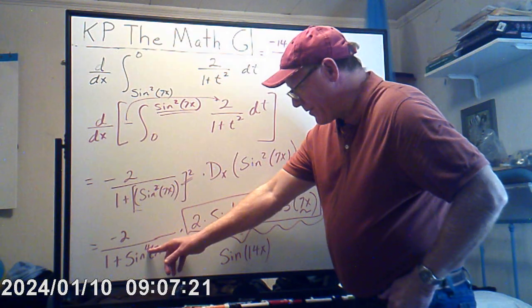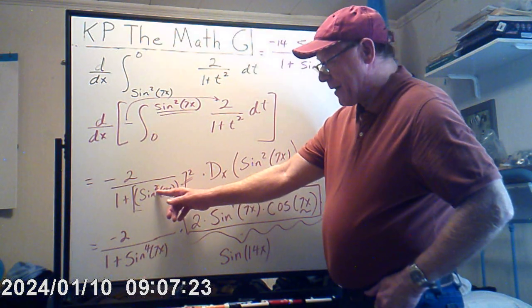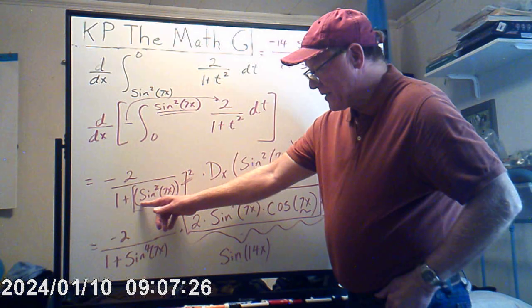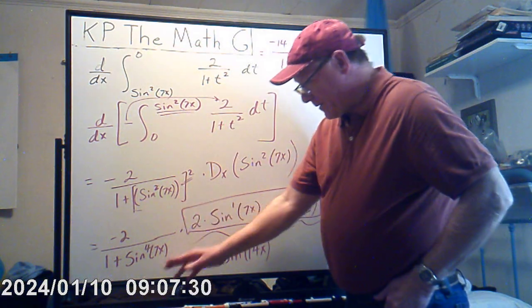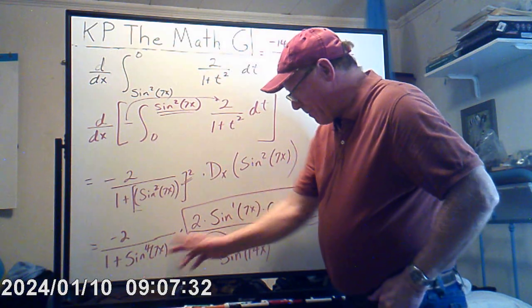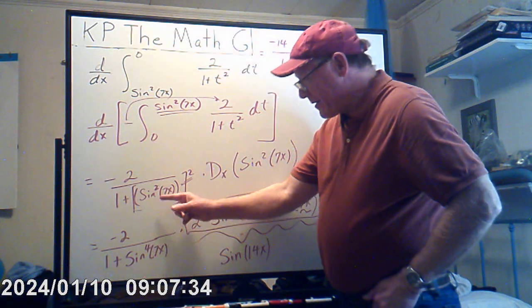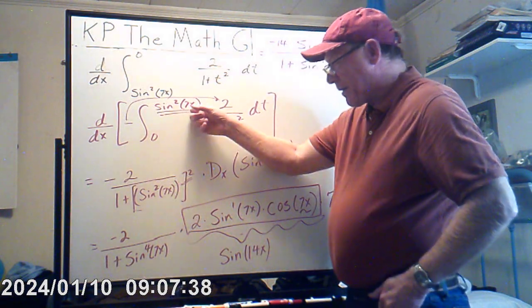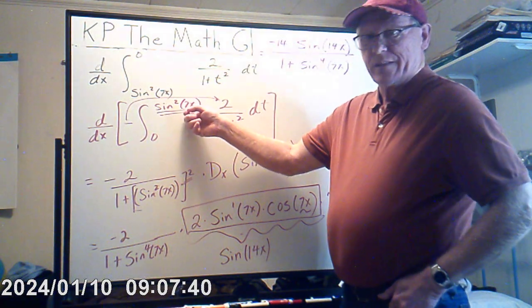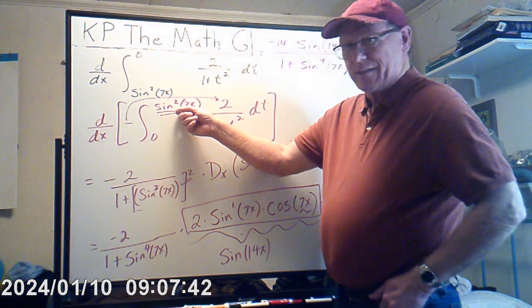You're not doing the 4 here, you're doing the 2 right here. You're taking this derivative. Don't do this and then say, oh, I'm going to take the derivative of this. No, you're not. You're taking the derivative of this, which is right up here. That's what you're taking the derivative of. Always look back to see what you need to take the derivative of.